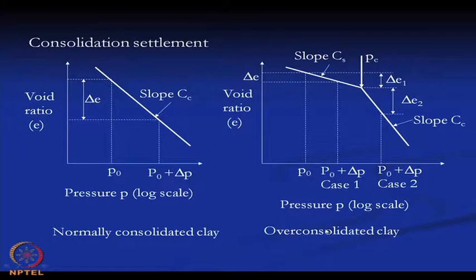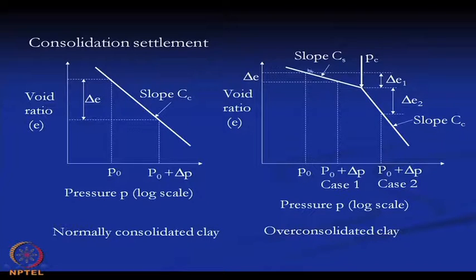Similarly, we can draw a curve for the over consolidated clay. This is the typical e versus log P curve, and here is the point where we get the Pc value, which we have already explained how to locate.